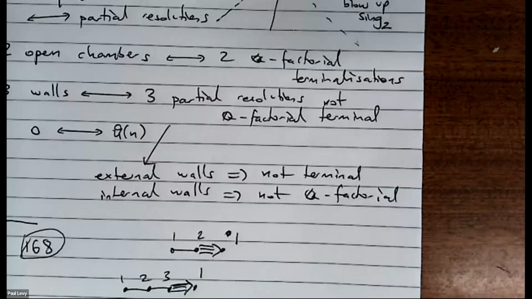So the question is, what does your Q factorial terminalization look like? Well, it can only be isolated if it's dihedral 6 or dihedral 8. That just follows from these Y of n. If n is greater than or equal to 5, then this doesn't have a resolution.